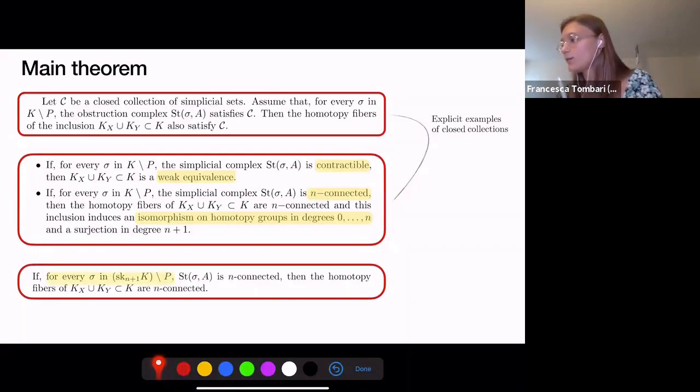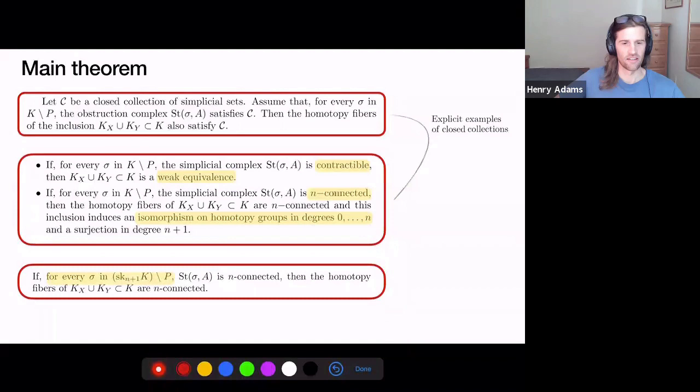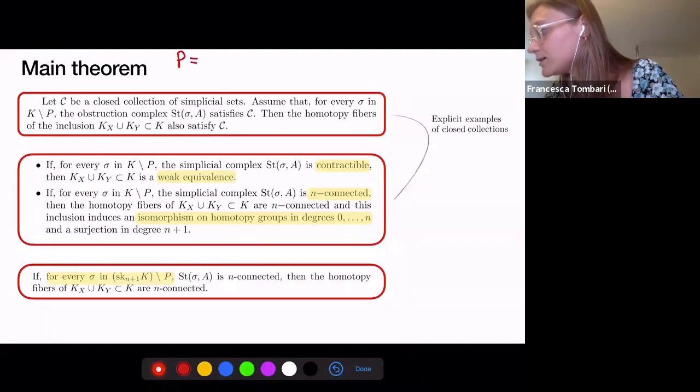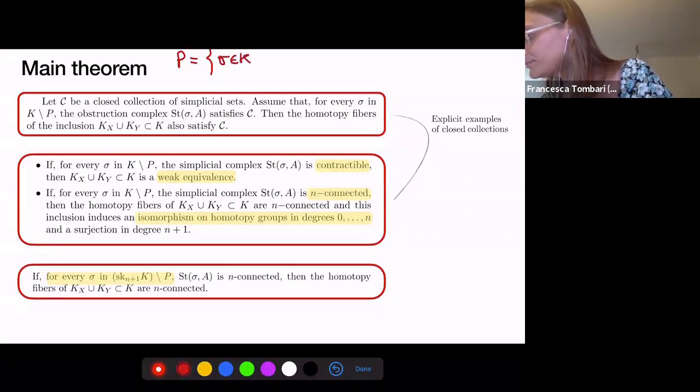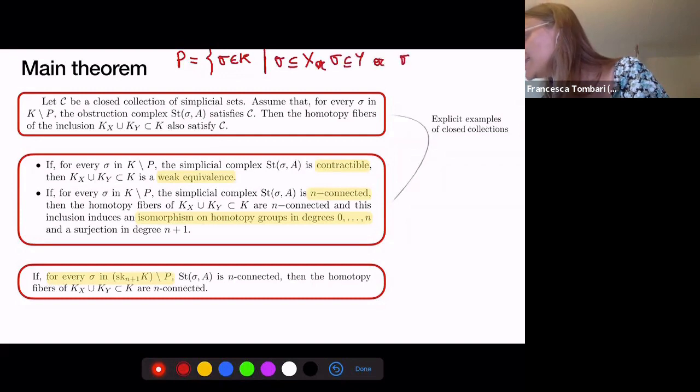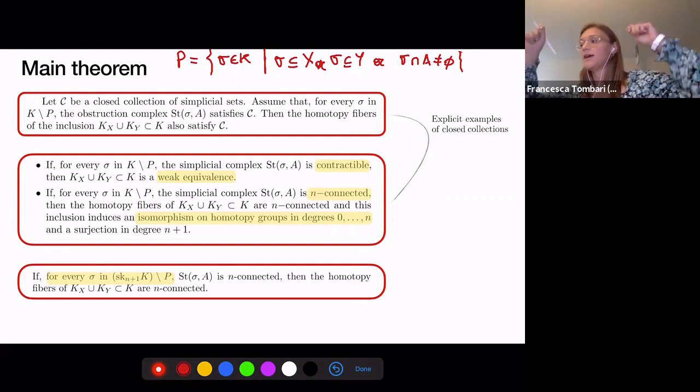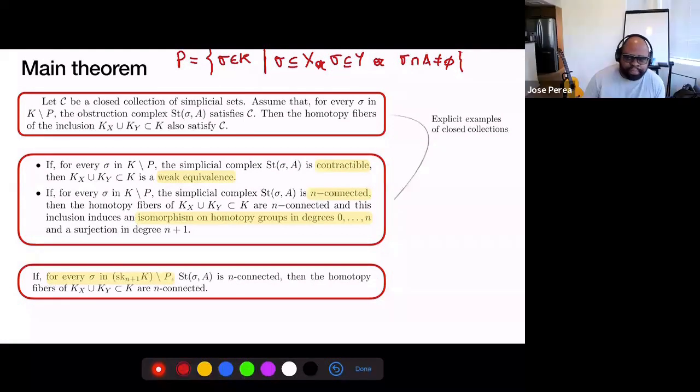Sorry, I don't know how to go back, but maybe I can write P. There is this relation: P is the collection of simplices in K such that they are either entirely in X or entirely in Y, or they intersect A. So P contains simplices that might intersect A if they also have vertices in X minus A and Y minus A, basically. Thank you. You're welcome.